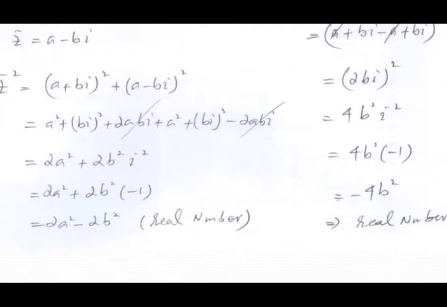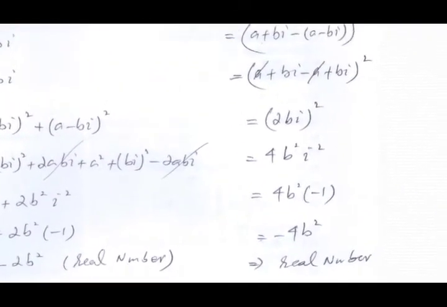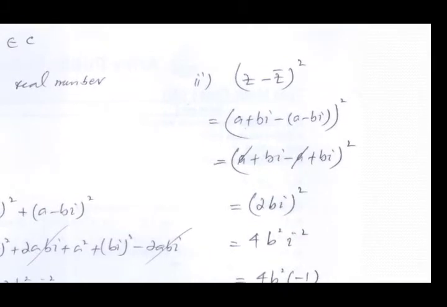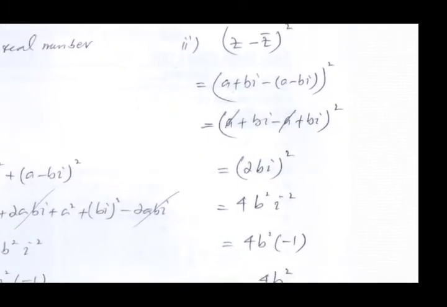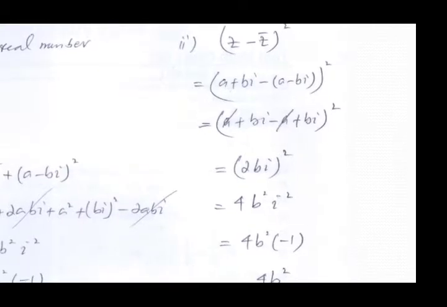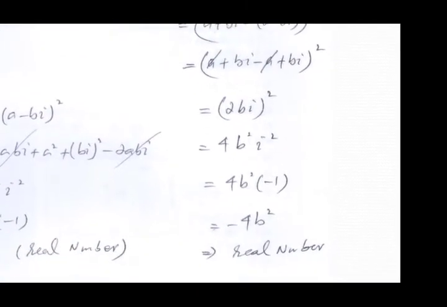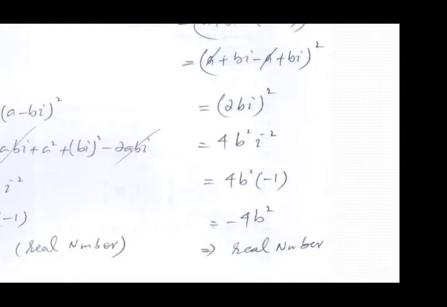It is called a real number. In this bracket whole square, we first simplify the inner values and then take the square, and this also becomes a real number.